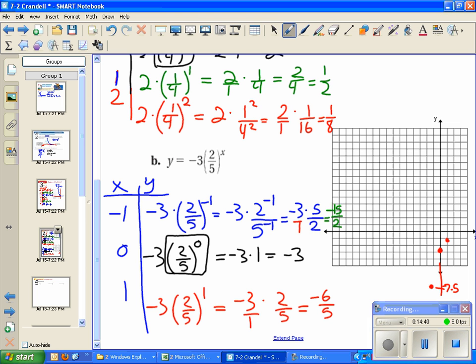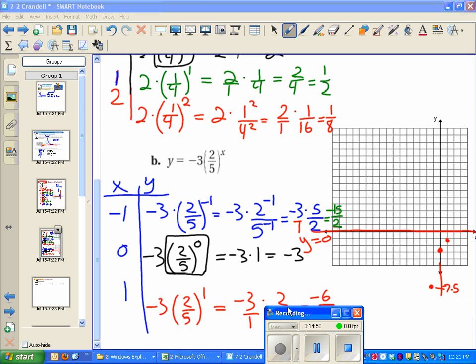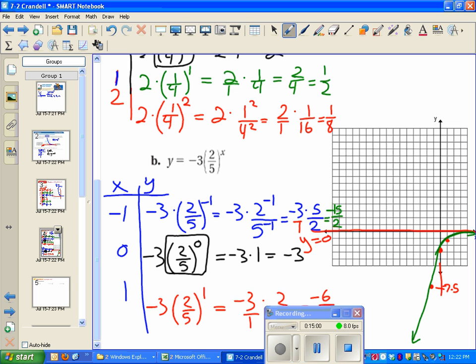Okay, so we still have our magnetic force field, aka asymptote, aka y = 0 right there. And so what our graph is doing is it's reflected on the x-axis. So it's actually coming this way to the asymptote. So it's pulling the graph that way to itself. So as long as you remember that the asymptote is a magnetic force field, you'll be okay.